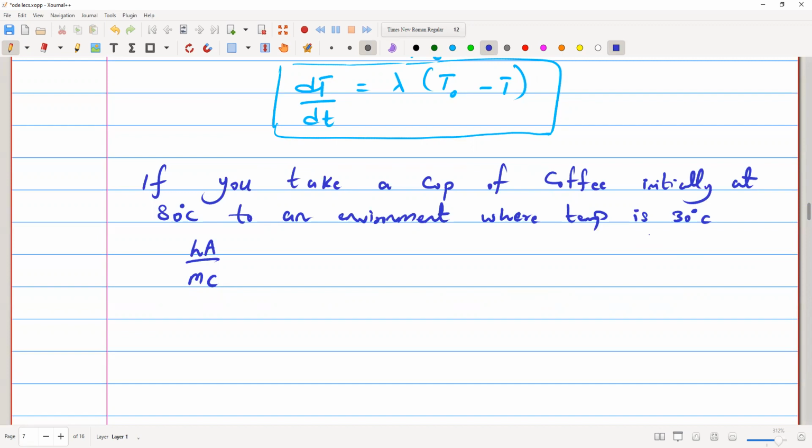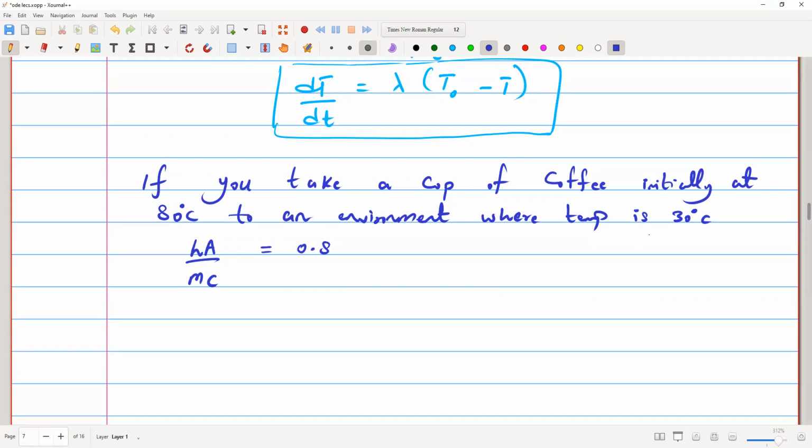M is the mass and C is the specific heat. Let's say it's given as 0.8, for instance.